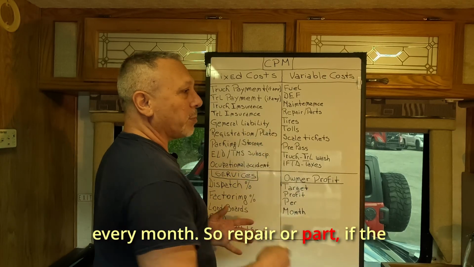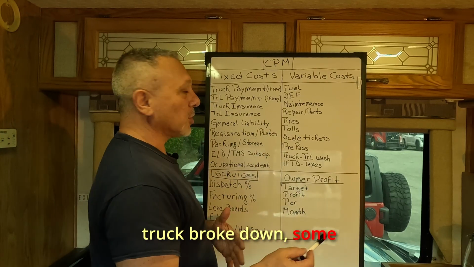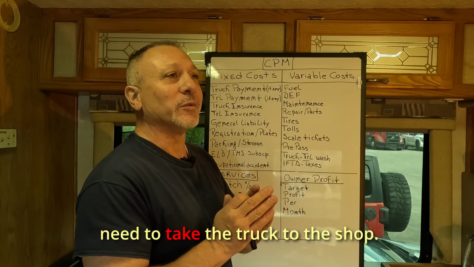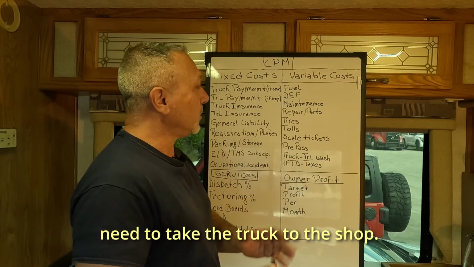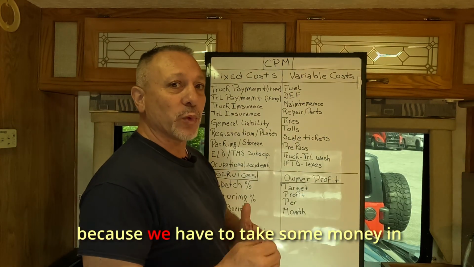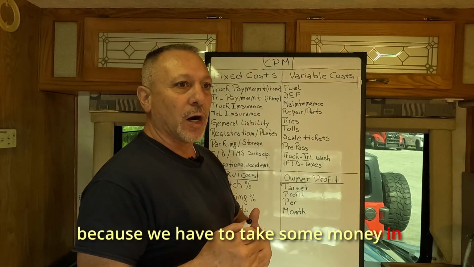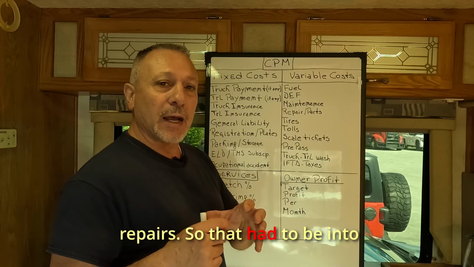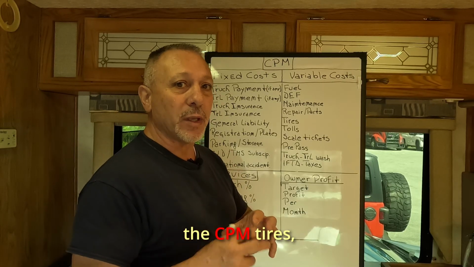Then repair or parts, if the truck broke down. Some months, hopefully, we don't need to take the truck to the shop, so then we can avoid that. But anyways, we have to calculate, because we have to put some money in savings in order to pay for repairs.